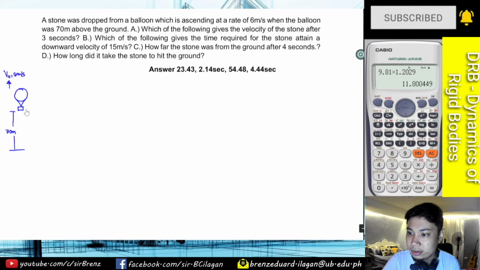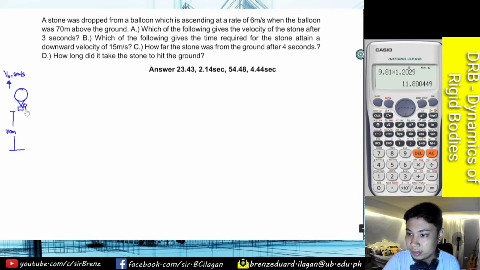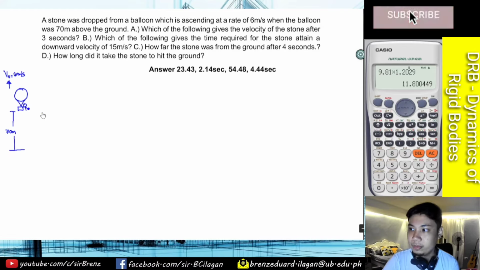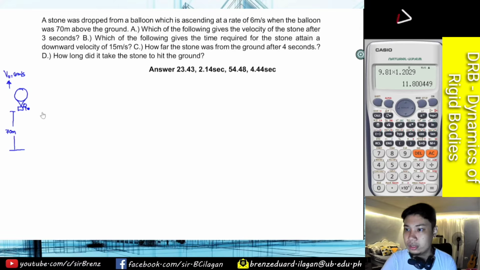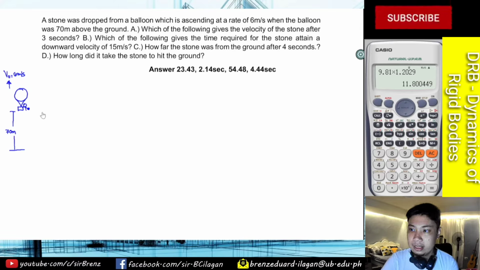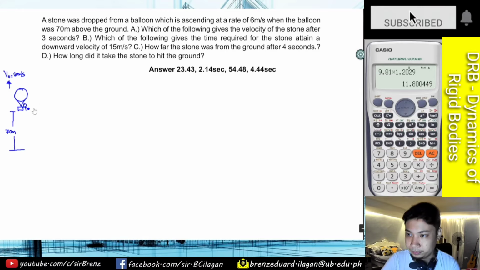Let's say at this point, the person is leaning over and drops the stone. But guys, this time, since the balloon is also moving upward, when you drop the stone, its velocity is also upward with a velocity of 6 meter per second.